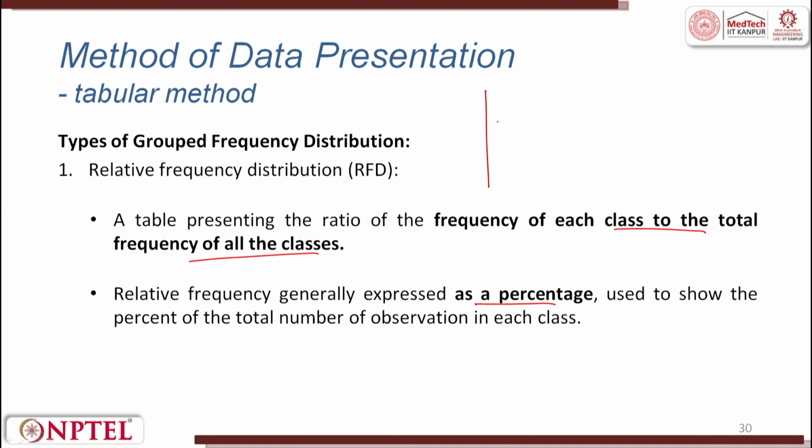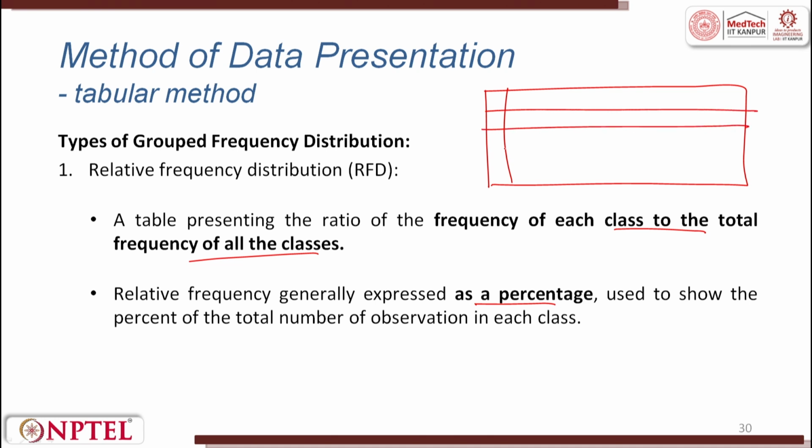For instance, consider a table where a specific number of sets are presented: 1, 2, 3, 4, 5. So this is the table number and title. Here is the frequency, and this is the serial number.